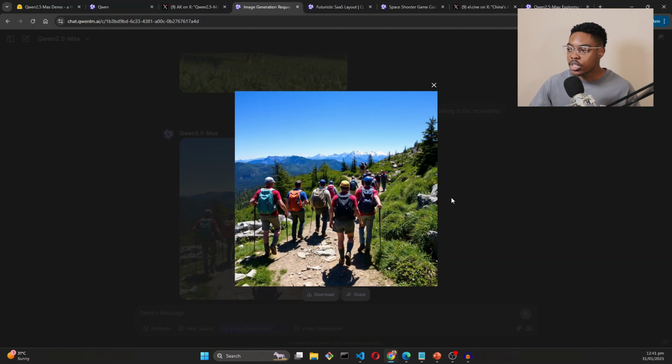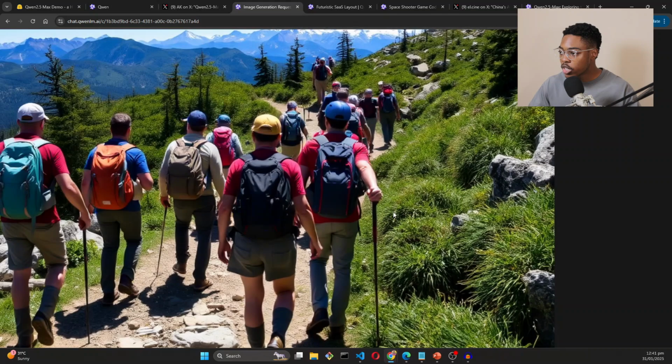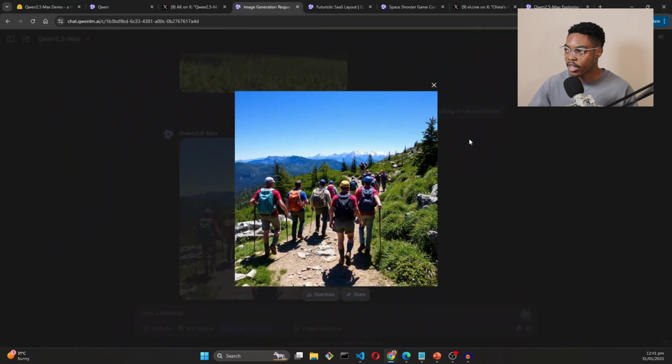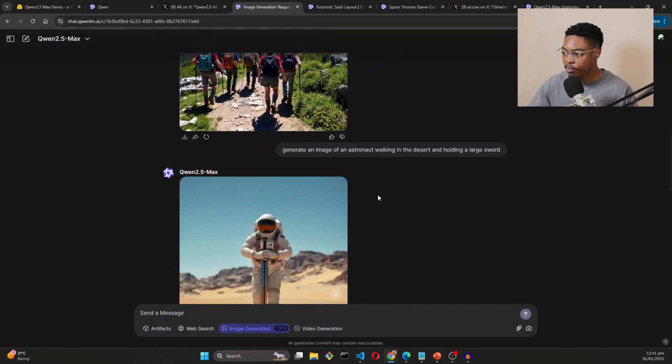The only thing I noticed here, which an average user wouldn't really notice, is the hand over here. This hand here, it looks like a left hand. It's not a right hand. There's no way your hand would look like this. Yeah, but the rest of the image is spot on. I won't lie, spot on, guys. Okay.